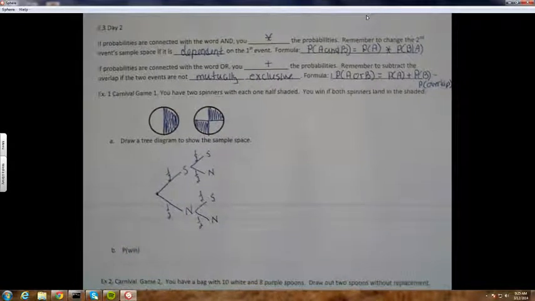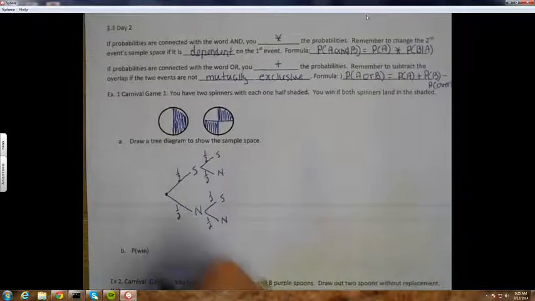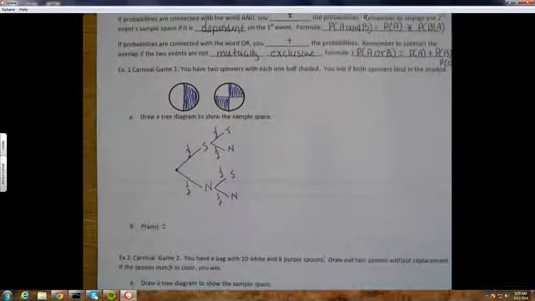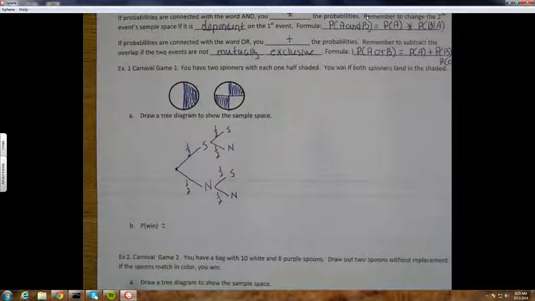Okay, the probability that I win. This is what's new today. I want you to convert that into the situation, rewrite this probability with an and or an or, whatever applies. What are we looking for the probability of happening if I'm winning this game? Say it in words. And what? Probability of shaded and shaded.